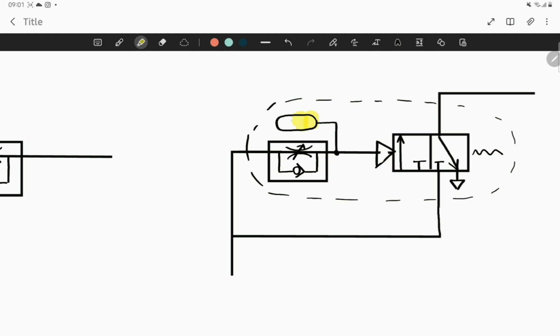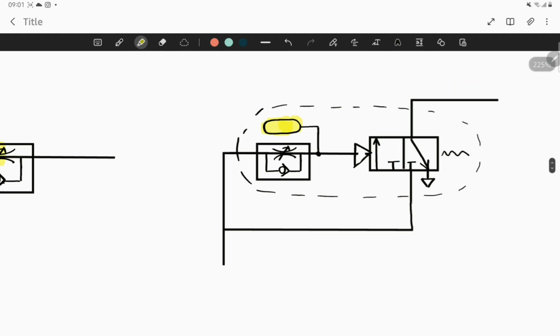And then once this reservoir is full, the air comes through here. Before that, it just stops to fill the reservoir. But once it's filled, it commutes this valve. And once it is commuted, it allows pressure to go through here.